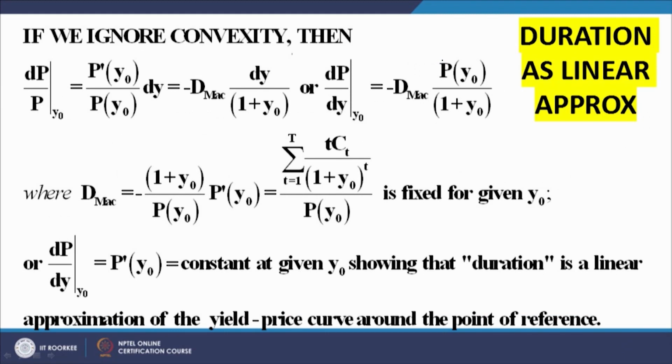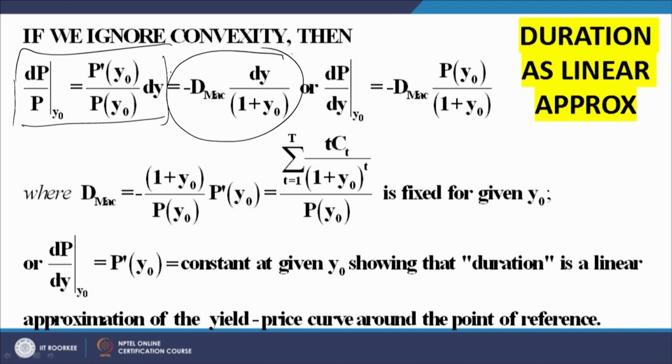You can see here that if we ignore the convexity, we have this expression from the Taylor series expansion, and this expression, if I write in terms of the Macaulay duration, gives me this expression.